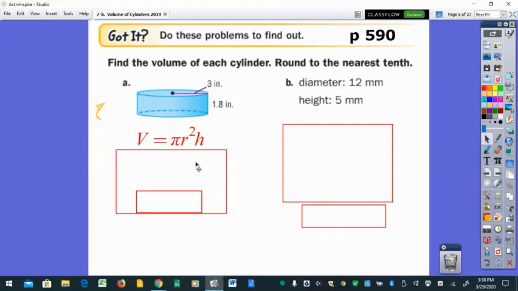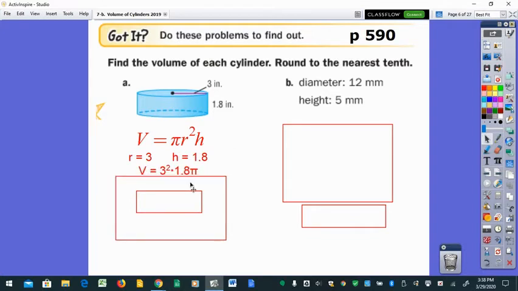Remember that volume is going to equal pi r squared, the area of one of those two base circles, times the height of the cylinder. They very nicely gave me the radius, so that 3 is going to substitute in for the r. And the height is 1.8, so I'm going to take 3 squared times 1.8. In my calculator, 3 squared is not 6, guys, it's 9.